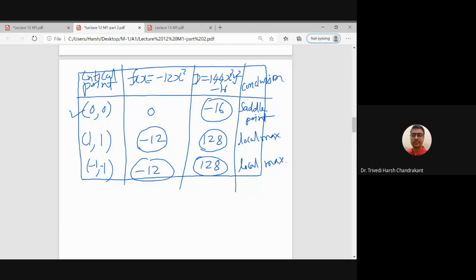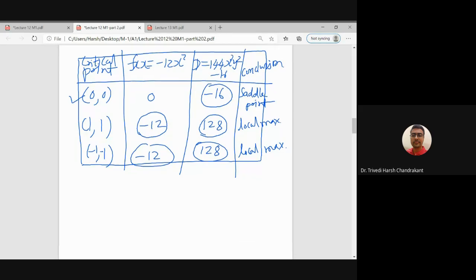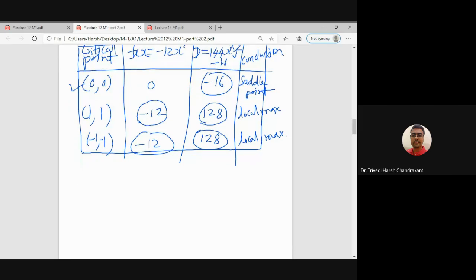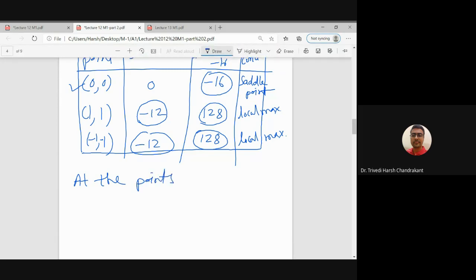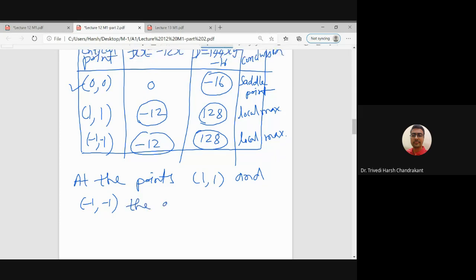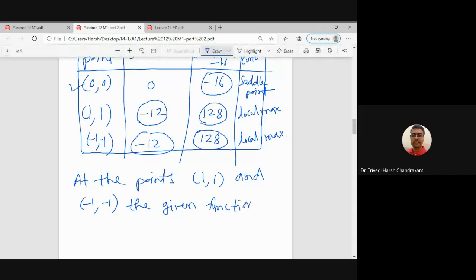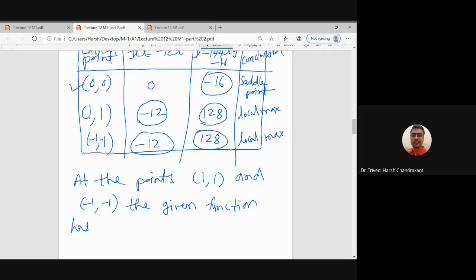Let us write this down. At the points 1 comma 1 and minus 1 comma minus 1, the function has local maxima.